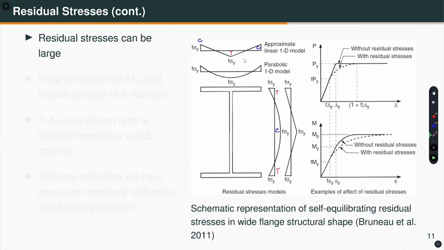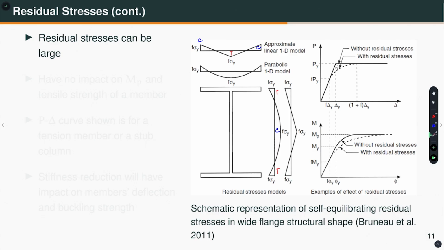Now, before we get into bending moment, let us say this is just a member to which I am applying some tensile load or deformation. So, it is a tension member. How does it behave? If I assume elastic perfectly plastic material behavior, and there is no residual stress, and I plot the force versus axial deformation, it will follow the stress strain response, perfectly elastic, perfectly plastic.